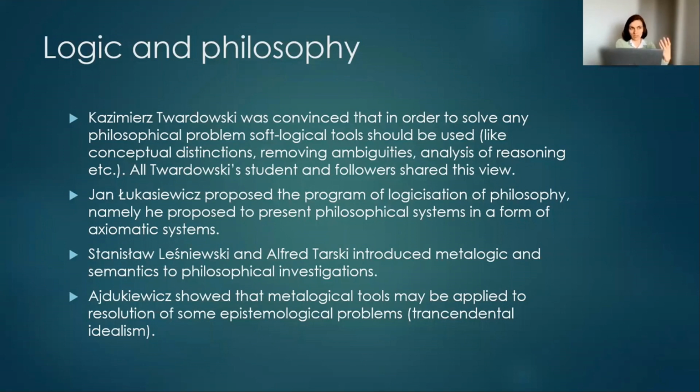Tarski proposed the correct conception of truth for formal languages and introduced epistemological elements to logical investigation, let's say. And finally, Ajdukiewicz showed that metalogical tools may be applied to resolution of some epistemological problems, for instance, to refute so-called transcendental idealism.